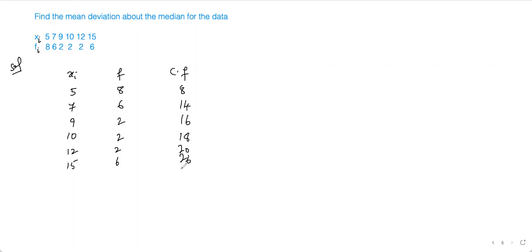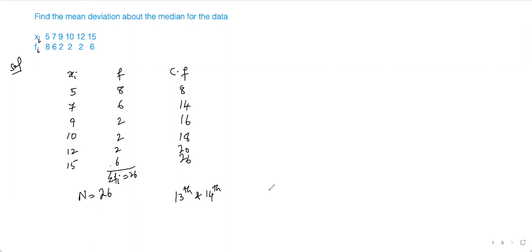So here n is 26, which is even. So the median is the mean of the 13th and 14th observations.